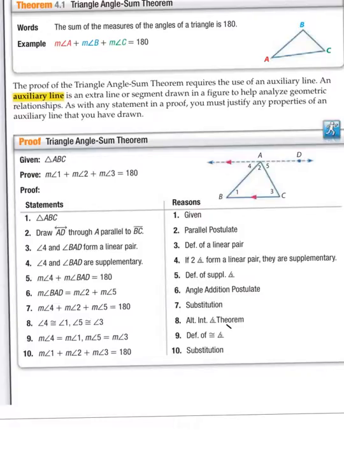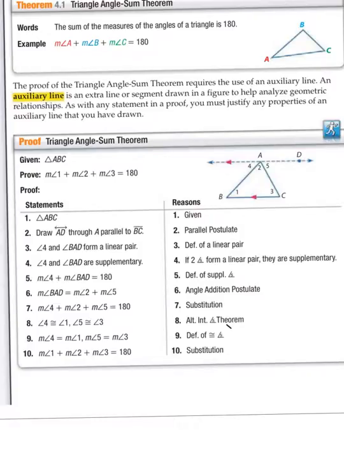So they bring down their given, and then in step 2, we draw the auxiliary line AD through point A, but parallel to BC. Now that's the parallel postulate we had, oh my goodness, that may have been in chapter 2 even, that tells us that through any point not on a line, there exists one line through the point that's parallel to the given line. So we're using that line.